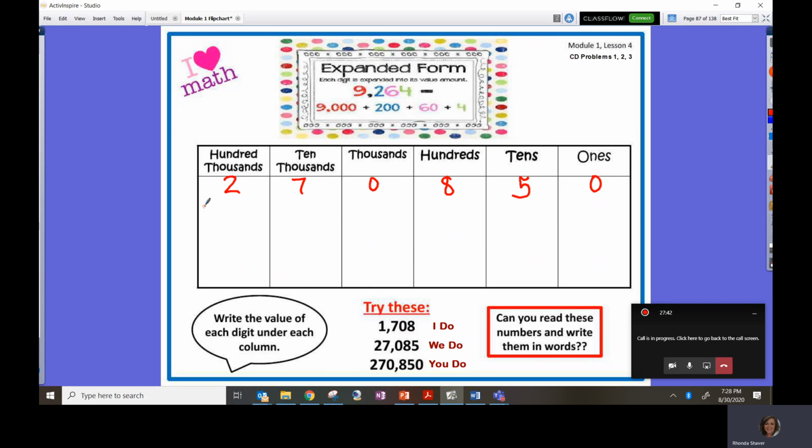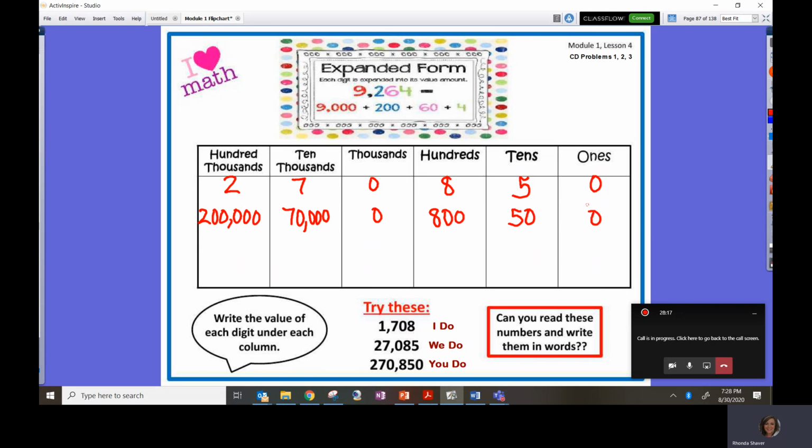So now we're going to write this out. We have 200,000, and we have 70,000, because if we did 10,000, 20,000, 30,000, 40,000, 50,000, 60,000, 70,000, 0 thousands, 800, and 50, 0.